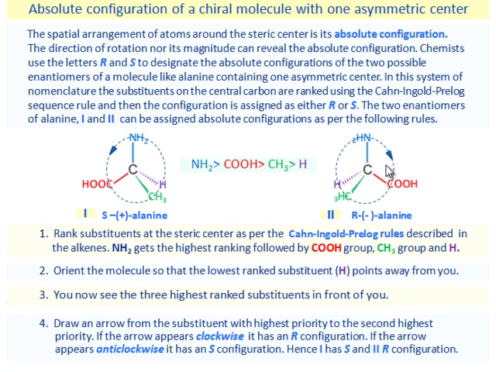If the arrow appears clockwise, it has an R configuration. If the arrow appears anti-clockwise, it has an S configuration. Hence, 1 has S and 2 has R configuration.